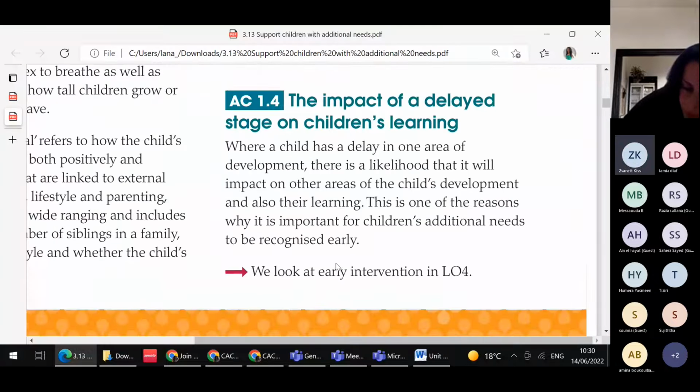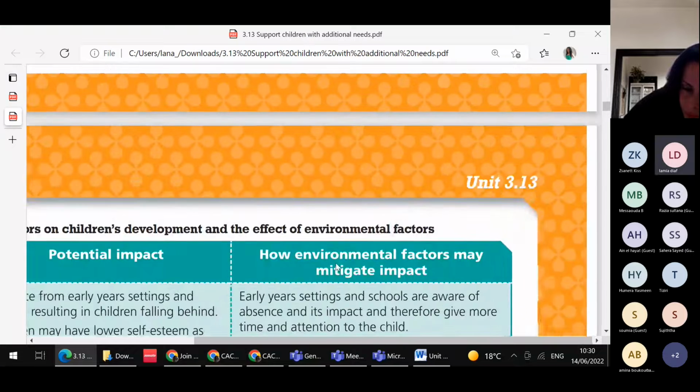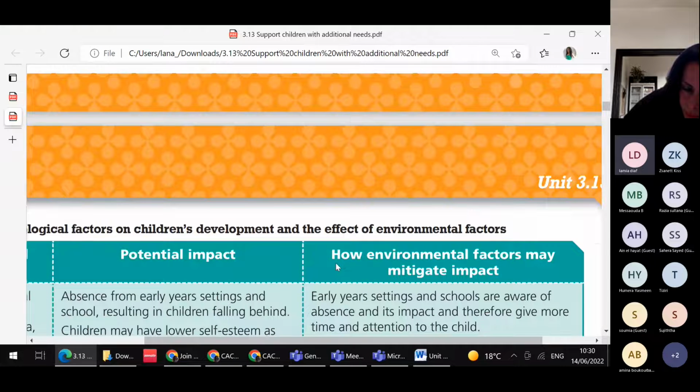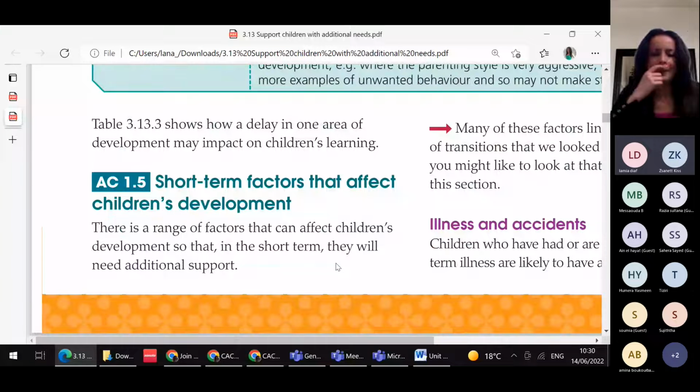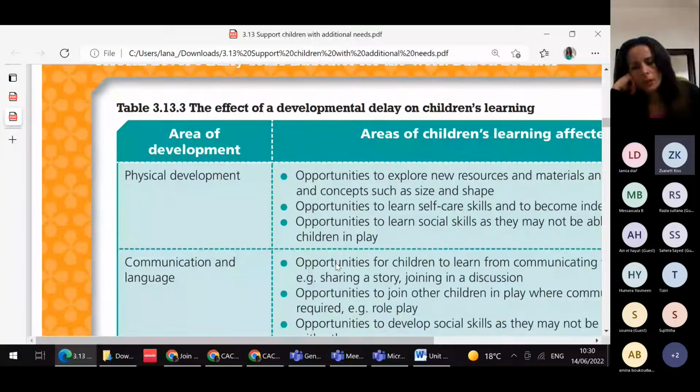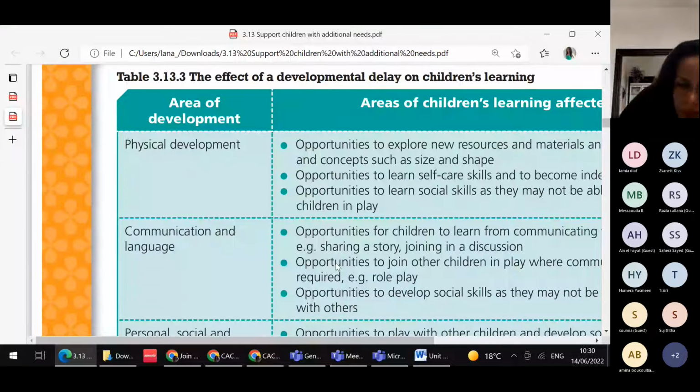He will be behind compared with peers, and the development. Okay. Yes. So if the child has got delayed in their learning, how would that affect their development?